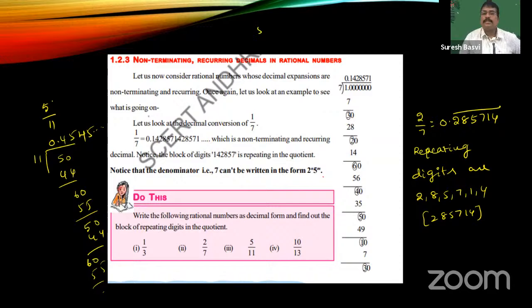It is 0.454545 and so on. That means 0.45 bar. Very nice, Vinky.